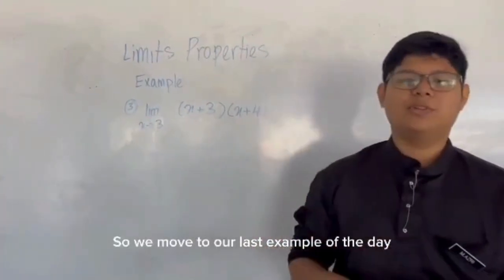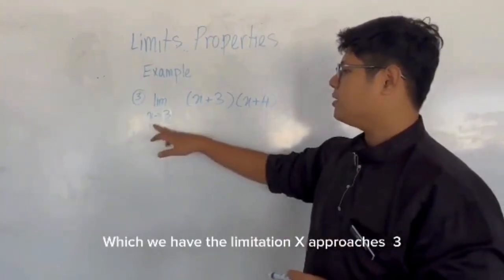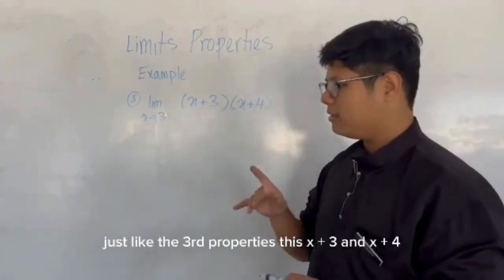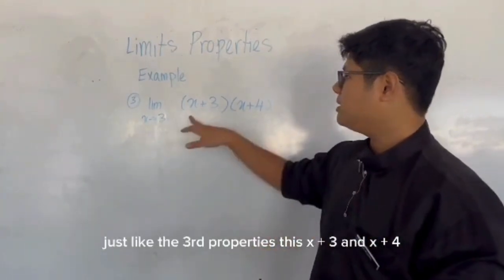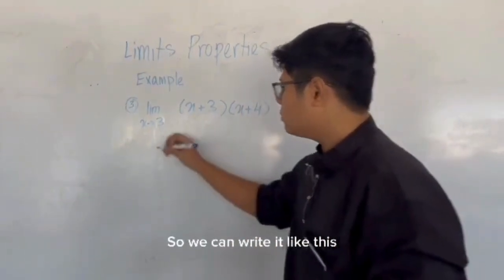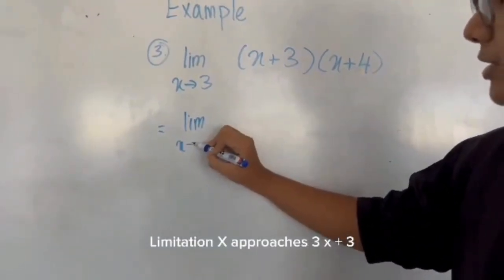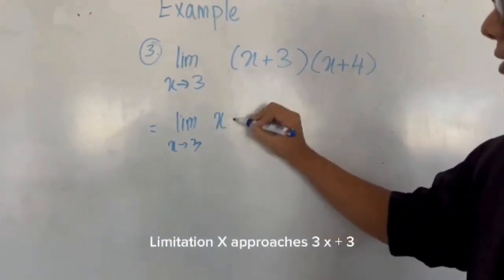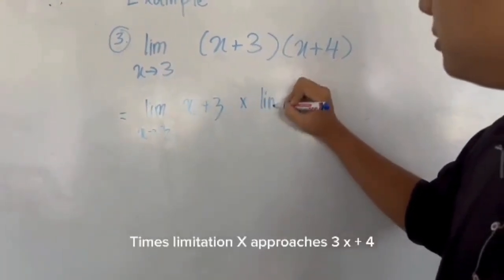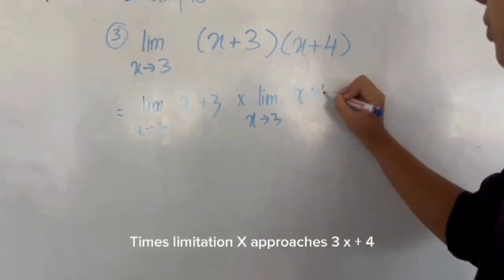So we move to our last example of the day, where we have the limit as x approaches 3. Then we have two functions, just like the third property, which are x plus 3 and x plus 4. This is the multiplication, so we can write it like this: the limit as x approaches 3 of (x plus 3) times the limit as x approaches 3 of (x plus 4).